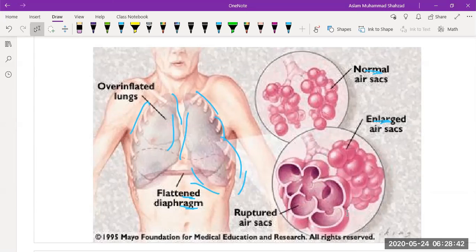The air sacs are just like elastic, a stretchable thing that can be extended to a certain point, but after exceeding that point, because of overinflation, it can lead to the rupture of the air sacs. What is the reason for overinflation? It could be caused by a tumor or a foreign object that causes obstruction, or blockade, which is responsible for the trapping of more air inside.